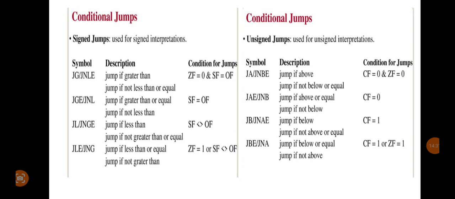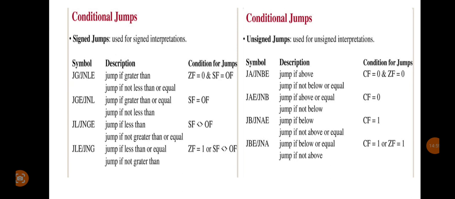Conditional jump, that is, signed jump. Signed jump means when the sign flag is set, the control will be changed or transferred. For example, the first symbol is JG, jump if greater than. JNLE means jump if not less than or equal.